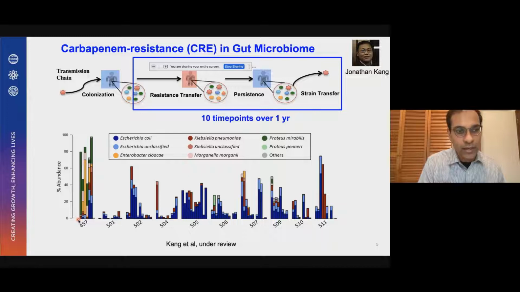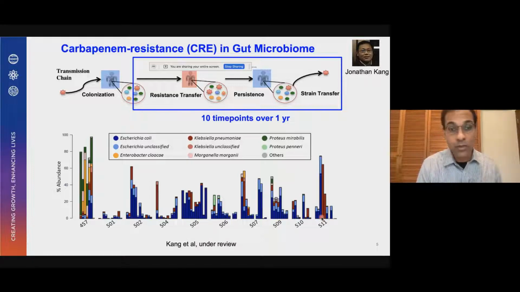So you can see as you go across time points, for example, for individual 4, 5, 7, the community of Enterobacteriaceae species in particular changes dramatically from Proteus species to E. coli and Klebsiella towards the last time point. And similarly for other species, for example, 511, between 2 time points is a complete shift from having E. coli dominant gut microbiome.